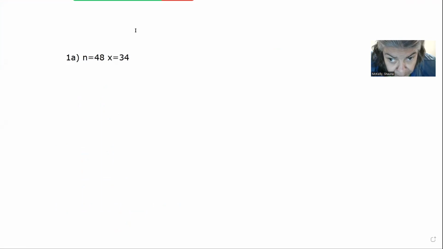Here, p hat is going to be x over n, so this is equal to 34 over 48.